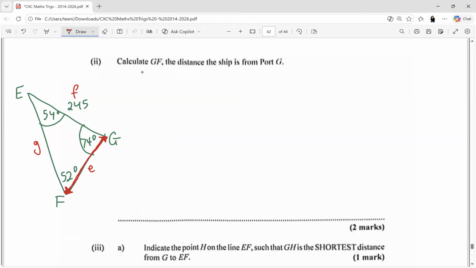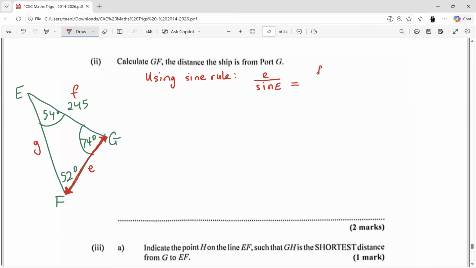So we're going to say using your sine rule, right? So the sine rule is E over sine of E. I'm going to write it over fully. E over sine of E is equal to, and you're going to use the other given side and the other angle of 52.